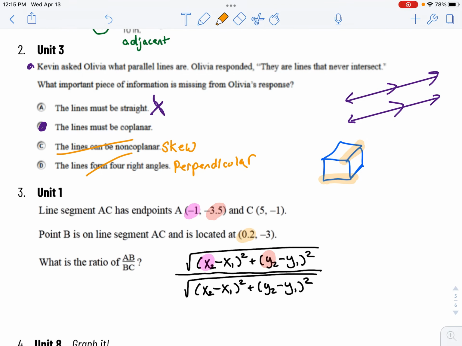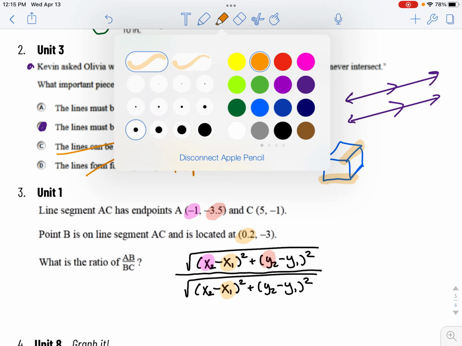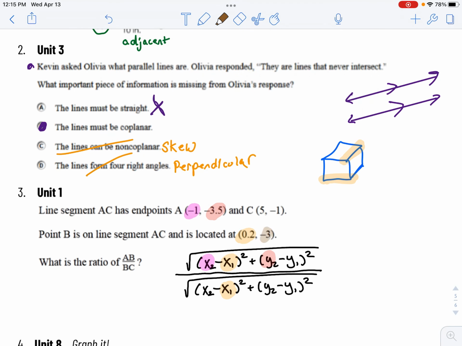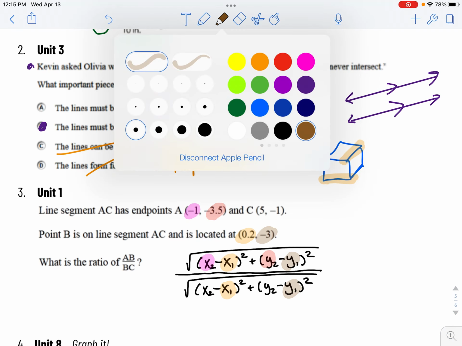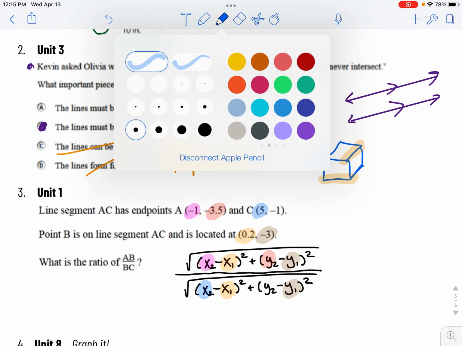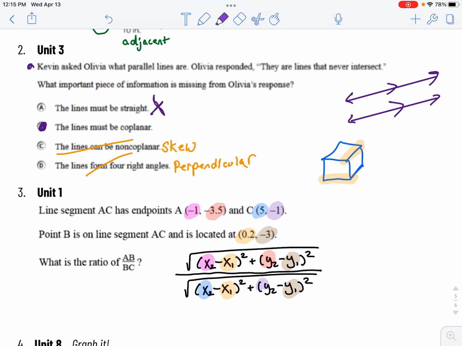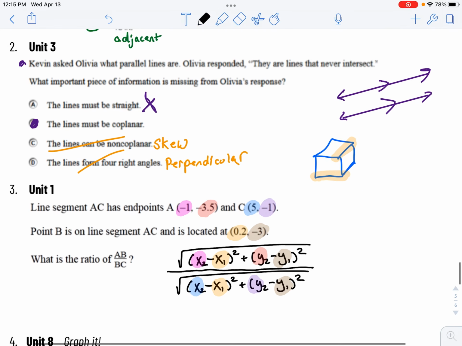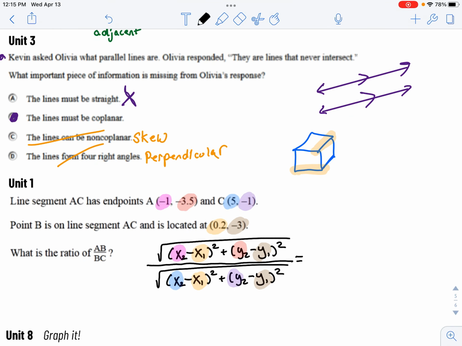Then point B is actually going to be both on top and bottom, because we're finding length of AB and BC. Gotta make sure I use different colors. So if I can literally just plug all those points in as such.